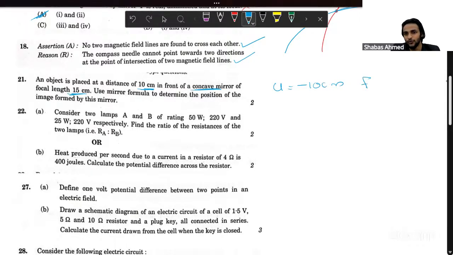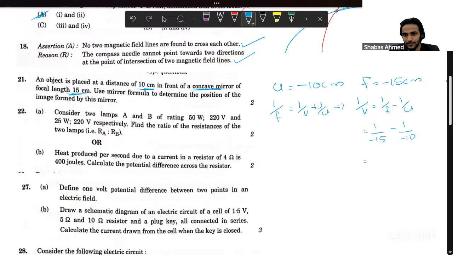We know for a concave mirror, we take focal length also as negative. Then we have to find the position of the image. Let's use the mirror formula, 1 by F equal to 1 by V plus 1 by U. That implies 1 by V is equal to 1 by F minus 1 by U. That is 1 by minus 15 minus 1 by minus 10.